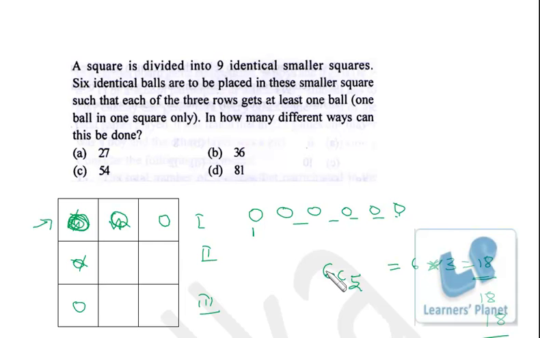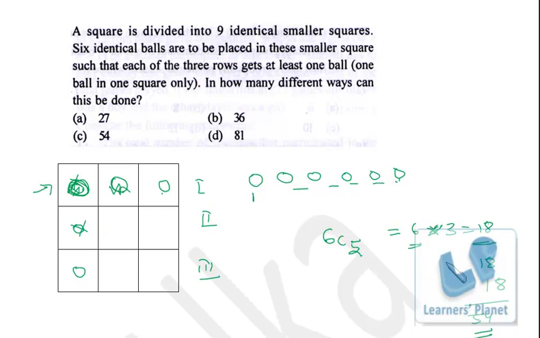So in all 6C5, that is 6 ways for first position, second position, third position, in all into 3. So 6 into 3, 18. 18 ways will be there when we are putting just one ball in the first row. In the first row we have 3 positions, that's why we multiply by 3. Similarly for the second row, similarly for the third row. So in all there will be 54 ways.